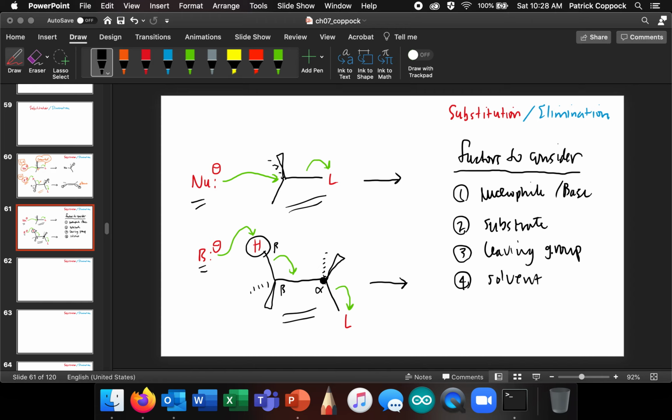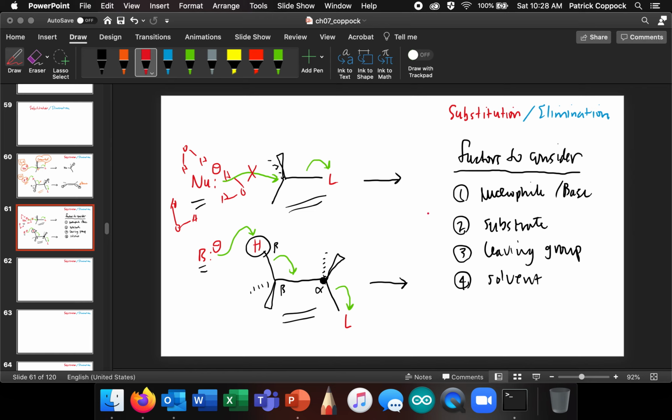And the fourth thing to consider is the easiest thing to forget, and that is the solvent, because I didn't draw a picture of the solvent up here at all. But in a previous conversation, I said that if a nucleophile has a protic solvent around it, let's say water, something with ionizable hydrogens, then, can you see I'm drawing water molecules all around this nucleophile. That makes a hydration shell around it, and makes it not as easy to get in. So we've talked about that.